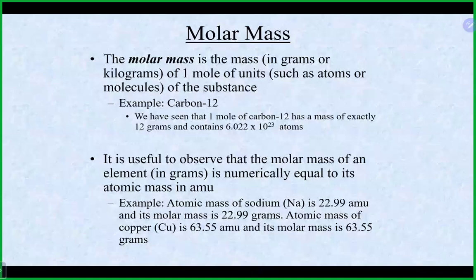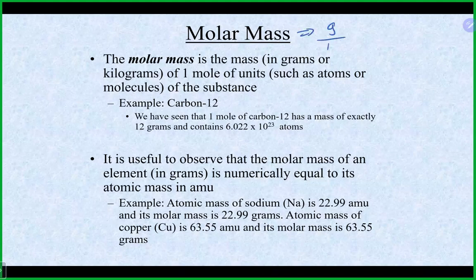So molar mass, like atomic mass, is basically the mass of a mole of something, and it has units of grams per mole. When you calculate the molar mass of something, you calculate how many grams there are per mole. Typically, the number stays with the grams part, and it is 1 mole of whatever you're looking at.